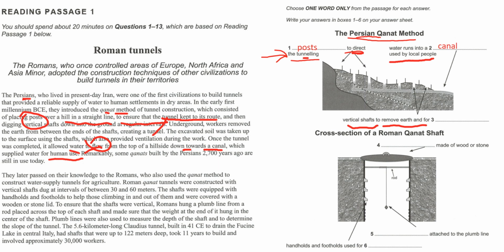Vertical shafts to remove earth and for, let's see here. Okay, so here's the shafts creating a tunnel. So when you say the shafts creating a tunnel, that would be rather vertical. Let's continue reading. The excavated soil was taken up to the surface using the shafts.